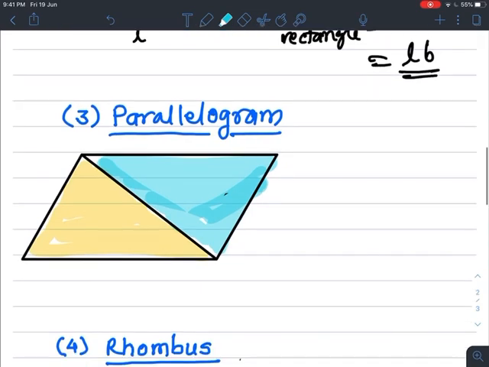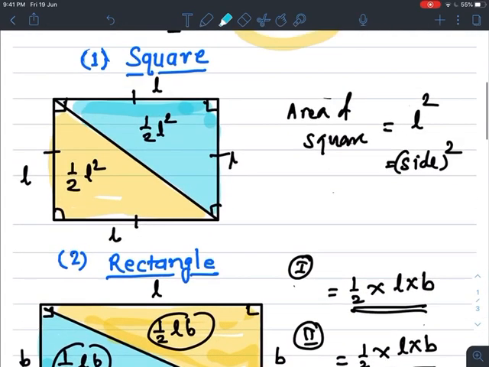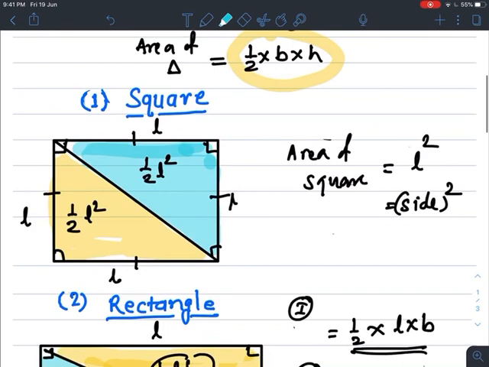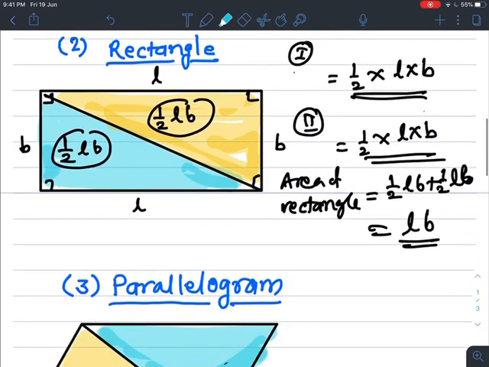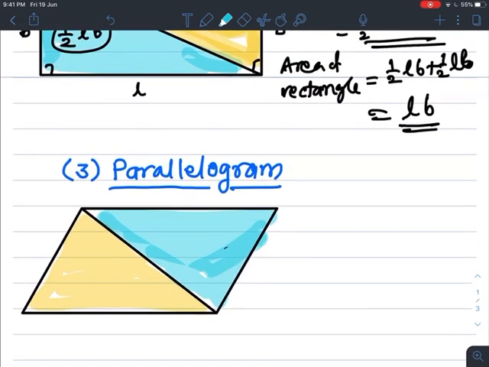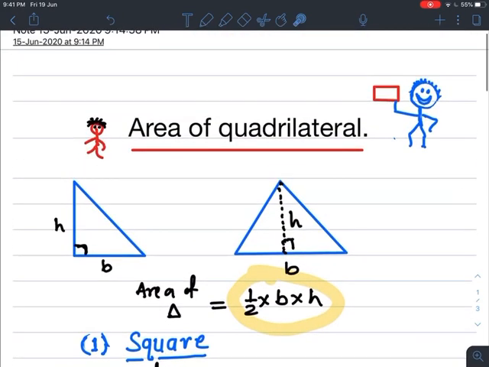Now in the square as well as the rectangle, the two triangles which we got were both right angle triangles. Now if we observe, these two triangles are acute angle triangles. So how to find the area of an acute angle triangle? Here we must know the base and height.